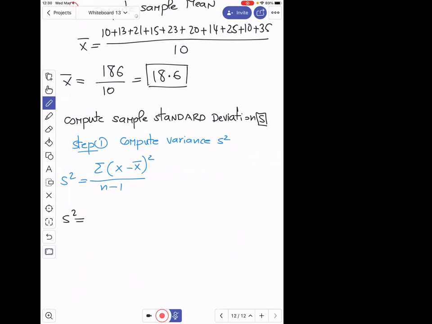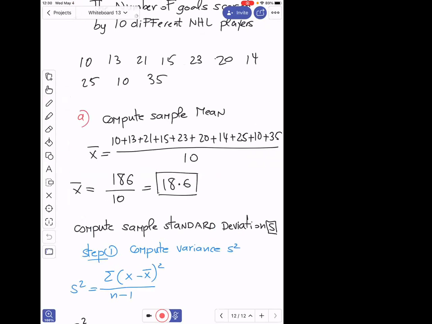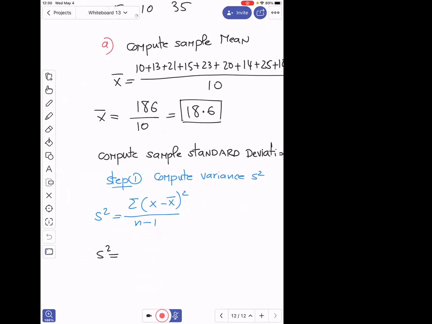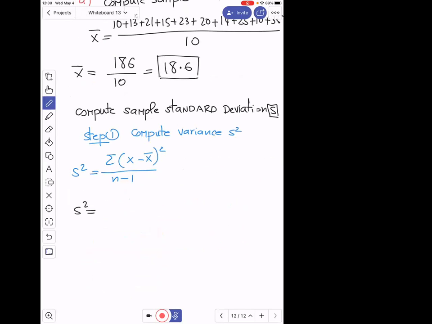In our case, first X, for example, is 10, right? So it's 10 minus 18.6 square. You apply the square to the difference. So first you need to compute the difference and then apply the square, okay? Difference first and then apply the square.